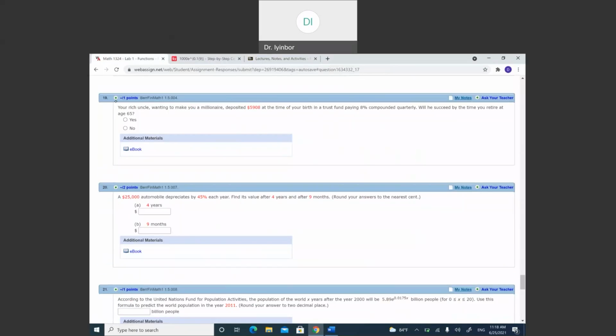So principal times (1 plus r), which is 0.08 in decimal, 8% in decimal, with n with exponent n times 65. That's what you're going to plug into the calculator.